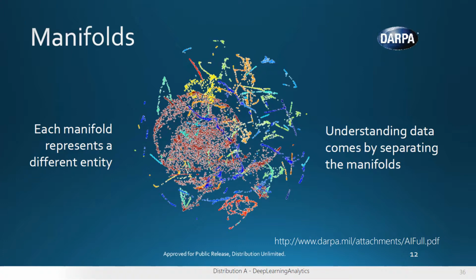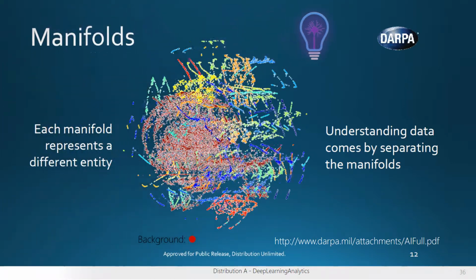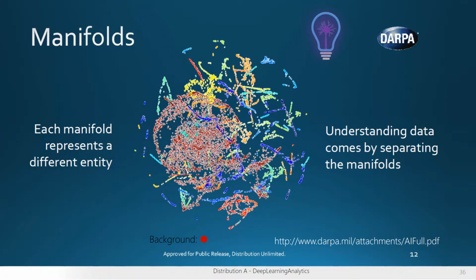And slide 12 incorporates our work. Specifically, John Launchbury described recent AI progress in waves and wrote that each manifold represents a different entity, or object class, and understanding data comes by separating the manifold. As can be seen, the manifold visualization was generated by deep learning analytics. John Launchbury's own comments can be found on YouTube on DARPA TV.